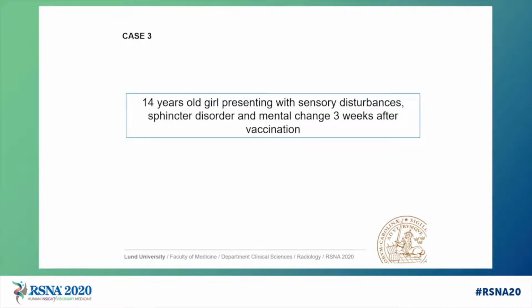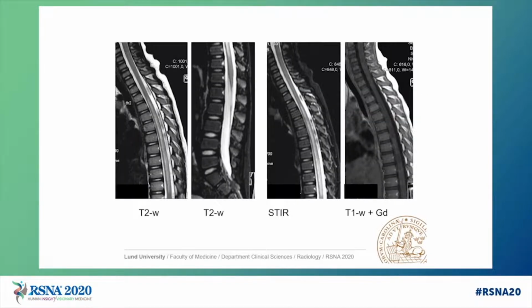Let's go to case number 3. A 14-year-old girl presenting with sensory disturbances, sphincter disorder, and mental status change 3 weeks after vaccination. Here you see sagittal T2 and T1 weighted images after gadolinium.